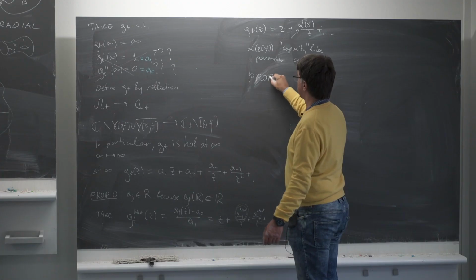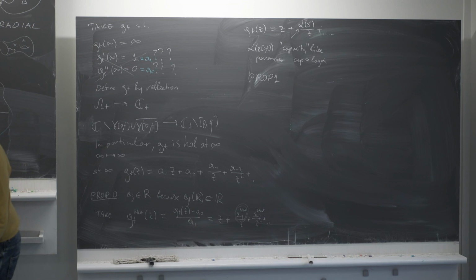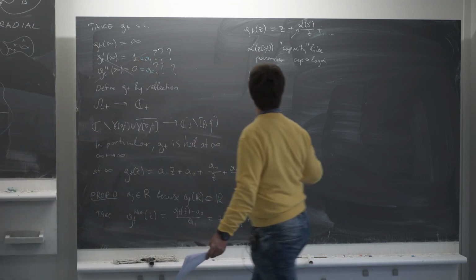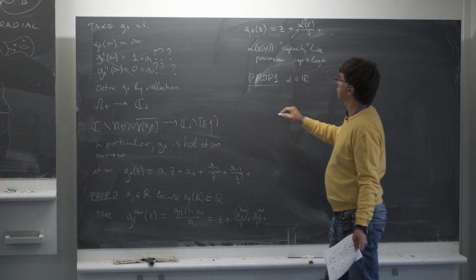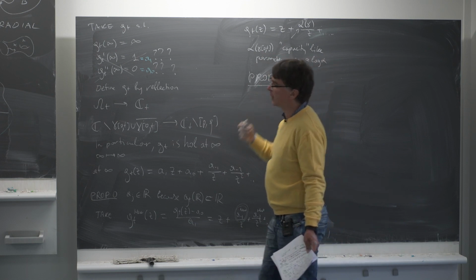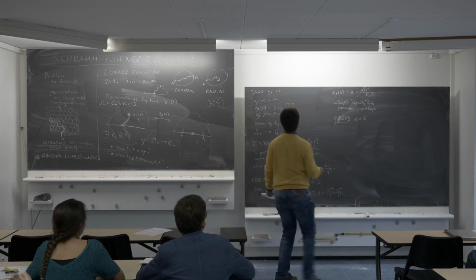Now I want a few properties of it. The first property is that it rescales very nicely. It's well defined not necessarily for a curve, it can work for any set.